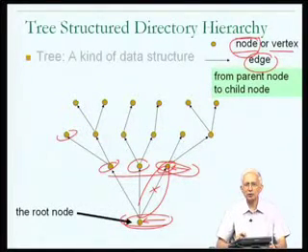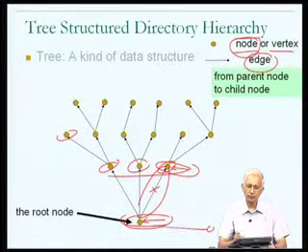Now, in terms of further terminology, one property of the tree is that the tree has a unique node, a single node which does not have a parent. And if you look at our particular tree, the node at the bottom is the only node in this tree that does not have a parent. In other words, it does not have an arrow pointing at it. If it had a parent, then there would have been another node which had an arrow pointing at it, and I would refer to the new node as being the parent of this particular node.